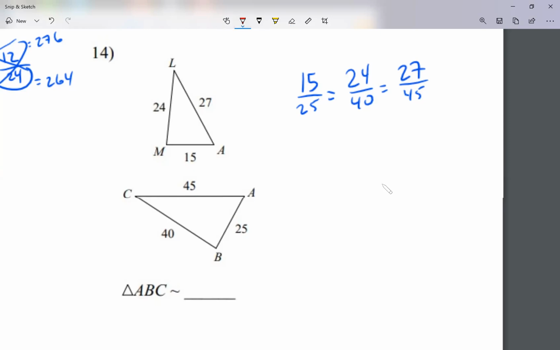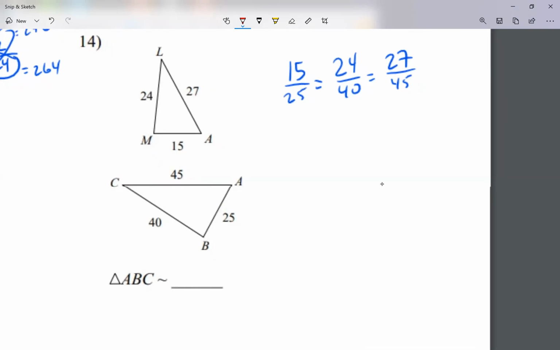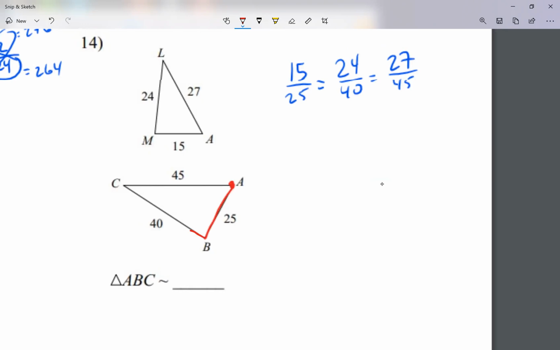Now ABC. Which one is ABC? The big triangle, right? You notice I started at A. Order matters. A, and then I go to B, and then I went to C. Ooh, so it seems like I use the smallest side and the medium side. I'm not using the big side.